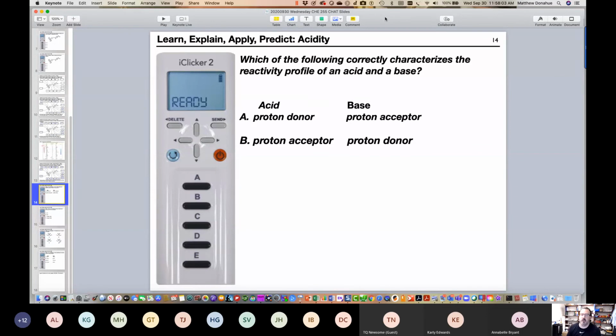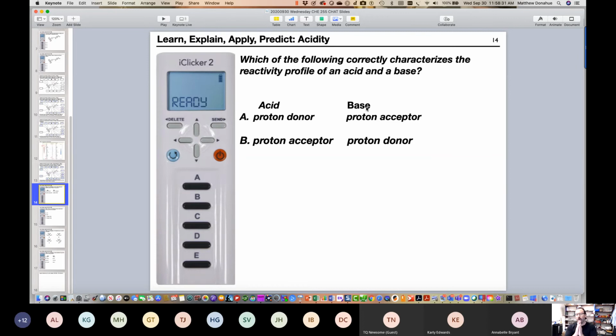So another thing we're going to do in this chapter, in chapters 6 and 7 as well, is look at how a base actually drives the reaction. The analogy that I like to use is a quarterback throwing a football to a receiver.